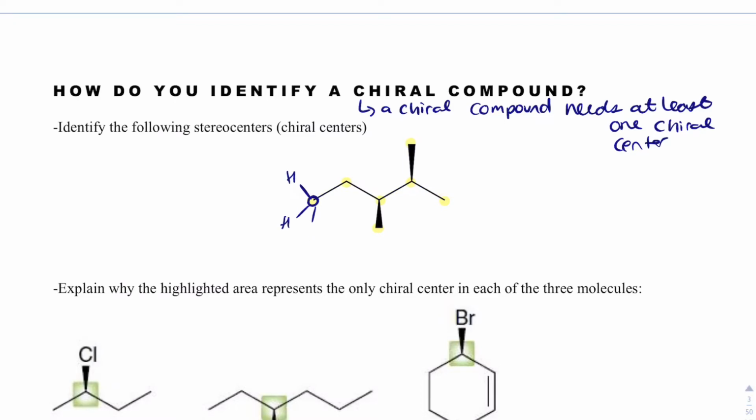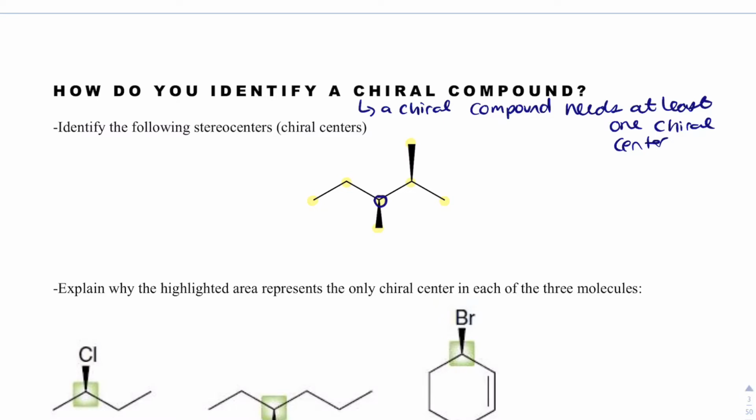Okay, so that is not a chiral carbon. Does this second carbon have 4 different groups? It has 2 hydrogens, so no, it is not chiral because it does not have 4 different groups coming off of it.